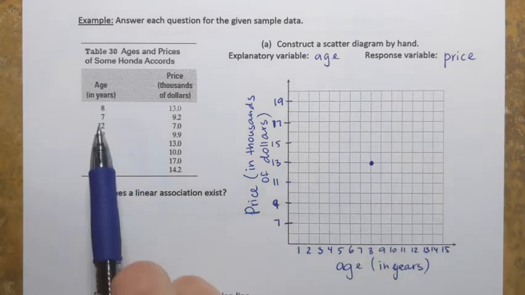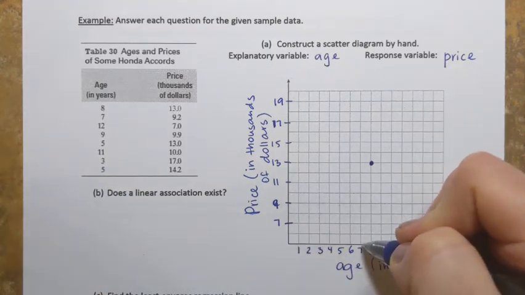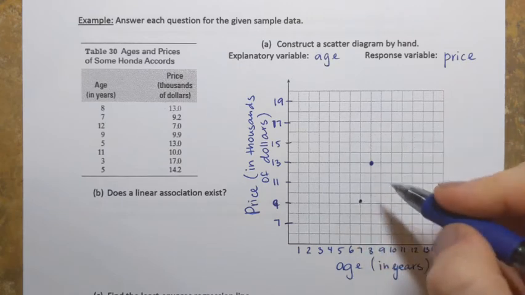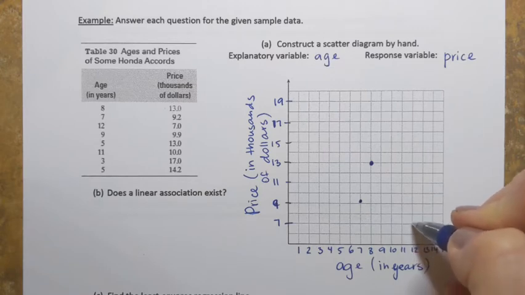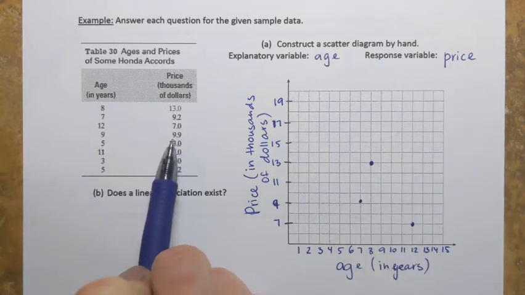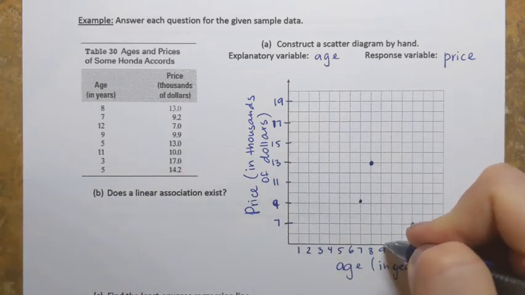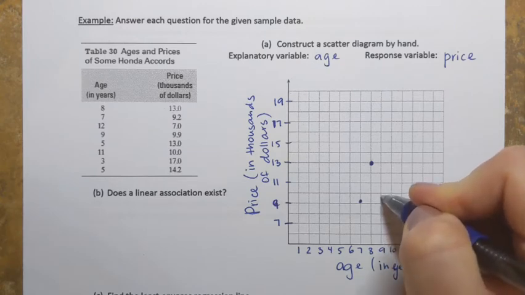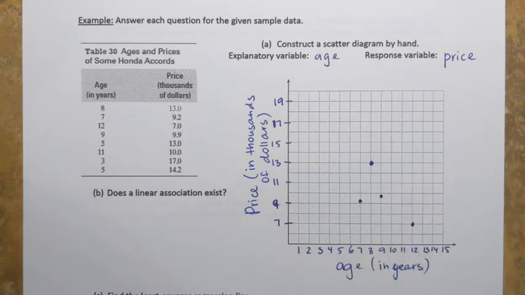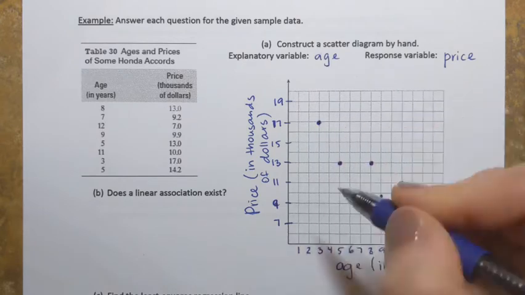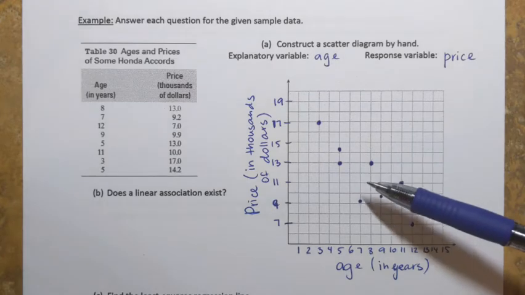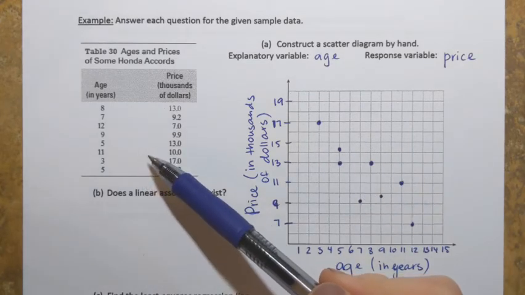Here 7 and 9.2, 7 and then just a little bit above 9. 12, 7 is the third point, 9 and then 9.9, almost 10, is about over here. So I'm going to continue that pattern and plot the rest of the points. Okay, so that's our scatter diagram that we constructed based on the given data set.